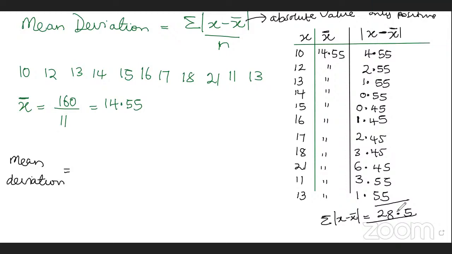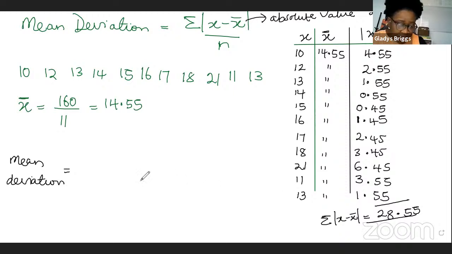Check, yes, it is 28.55. So then you put that in, 28.55 divided by n, which is 11, okay? And that should give you your answer of 2.59, I think. Okay. And that's how you do it.